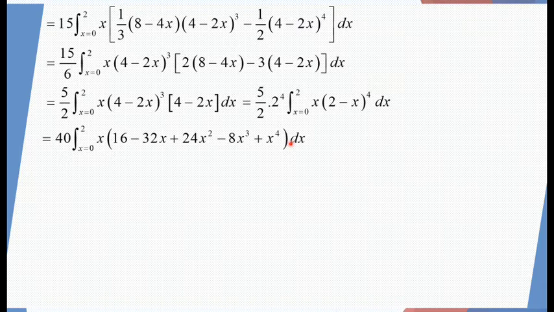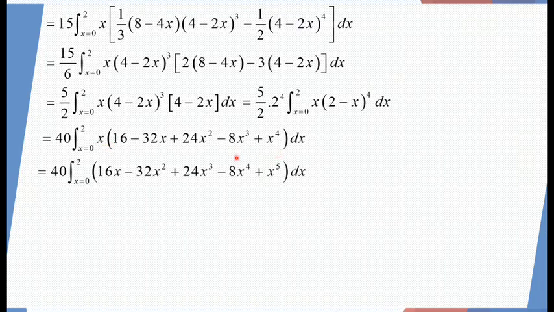So using this, we get 16 minus 32x plus 24x square minus 8x cube plus x raised to power 4. Now multiply this x to the entire function, we get 16x minus 32x square plus 24x cube minus 8x raised to power 4 plus x raised to power 5.